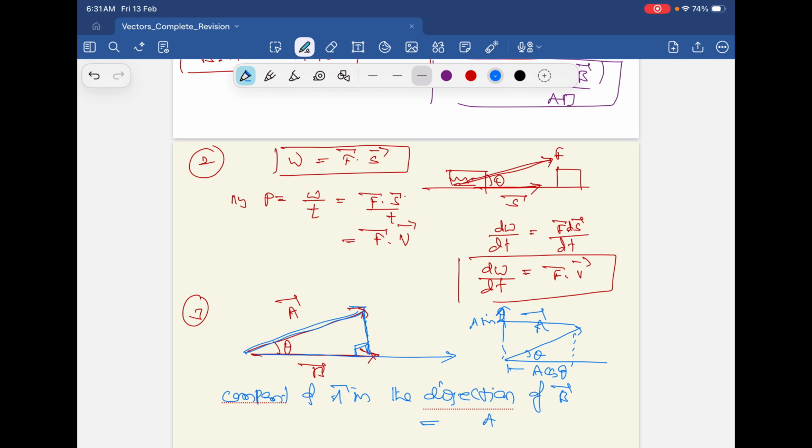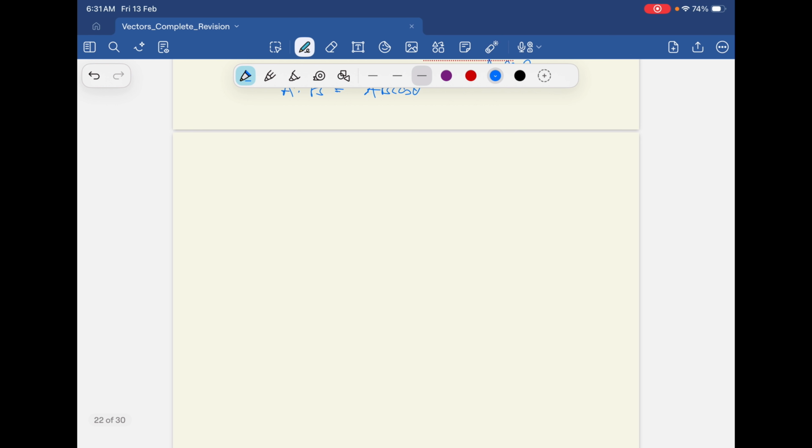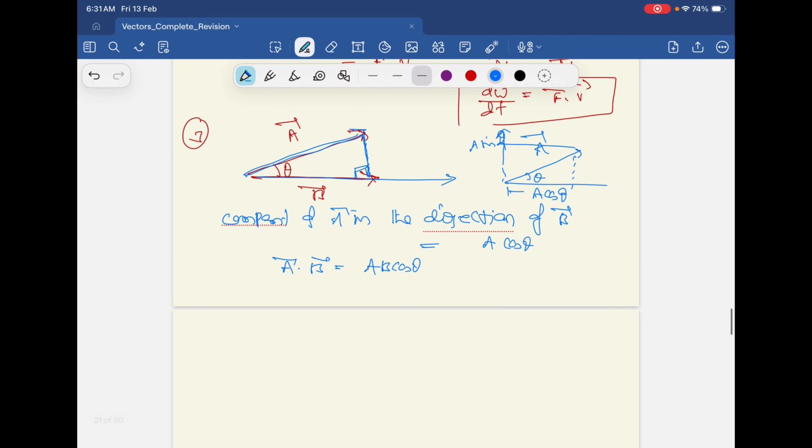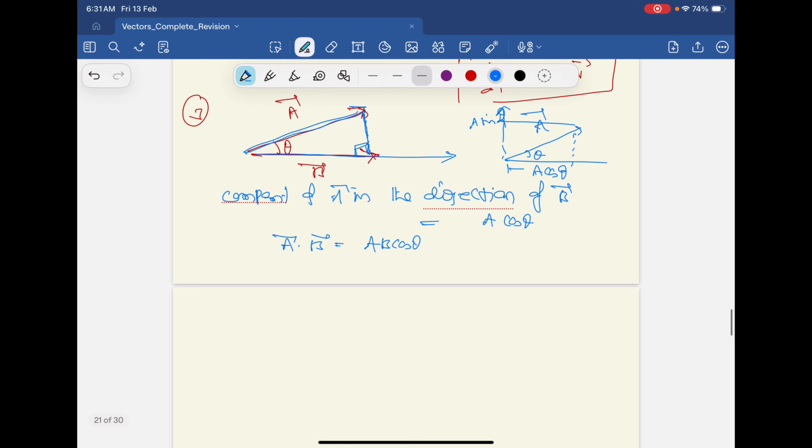How much? a cos theta. Okay, but a bar dot b bar value is how much? a b cos theta. So what can you write now? Simply, you can write a cos theta from this one. So a cos theta I want, so transfer this side, it becomes a bar dot b bar by b.